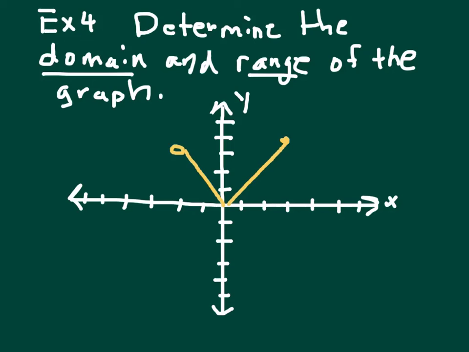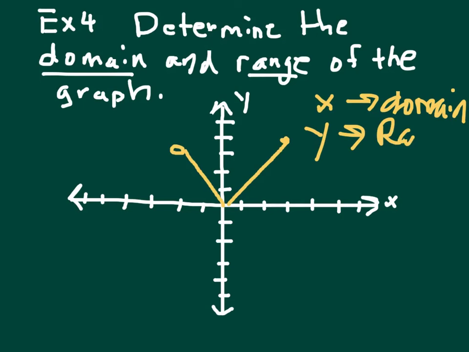Okay, now how about graphs? Usually the x-axis or x-coordinates represent the domain, and usually the y-axis or the y-coordinates represent the range. So for my domain, I'm going to move along the x-axis.